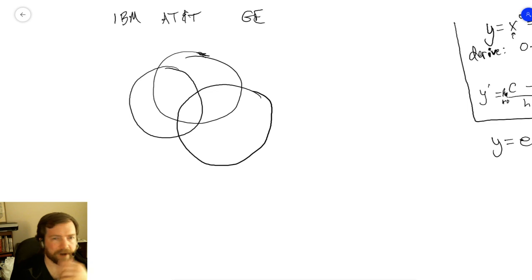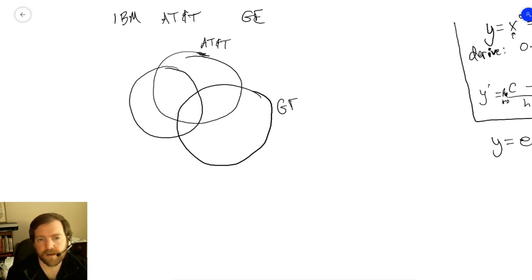It doesn't really matter which one is which. So, oops, not AT&A, AT&T, GE, IBM. All right, 50 owned shares in IBM.